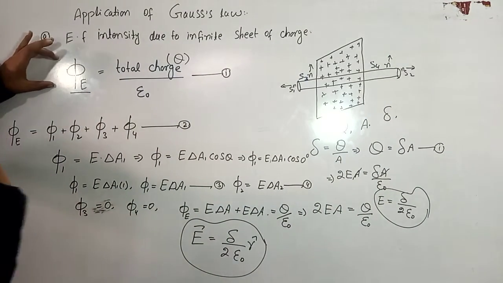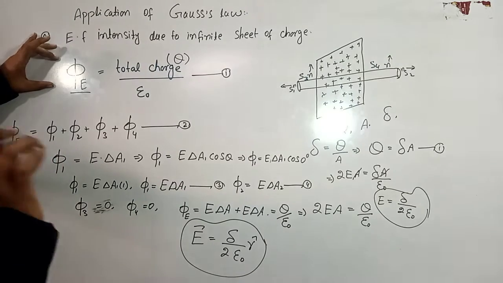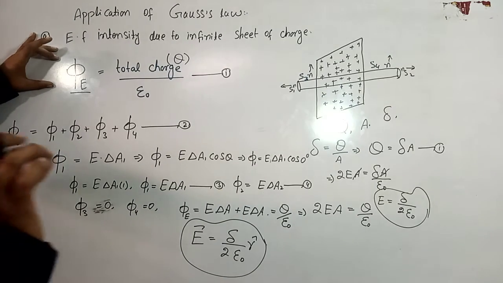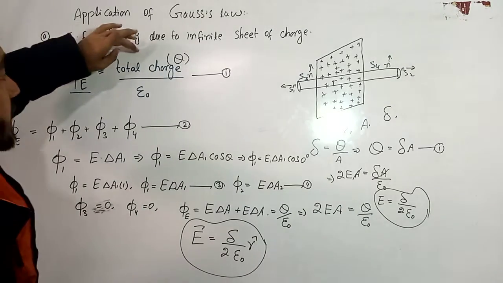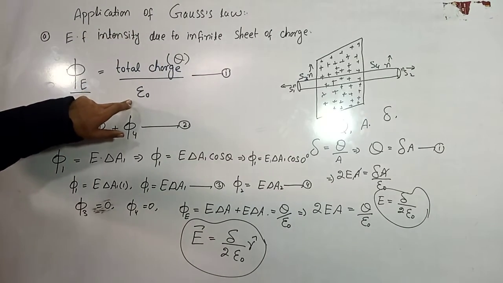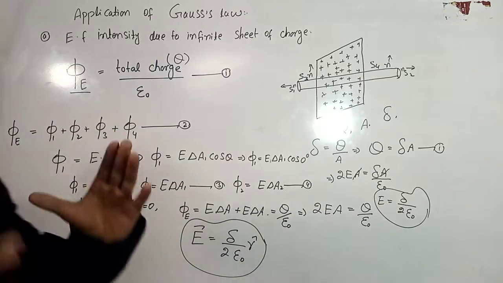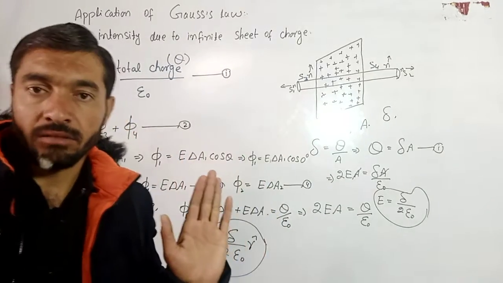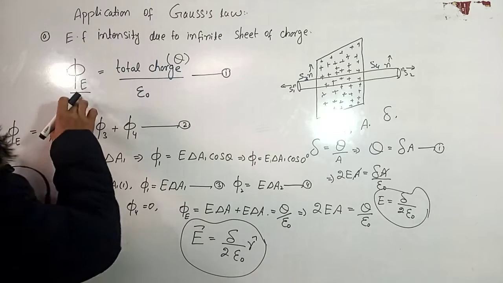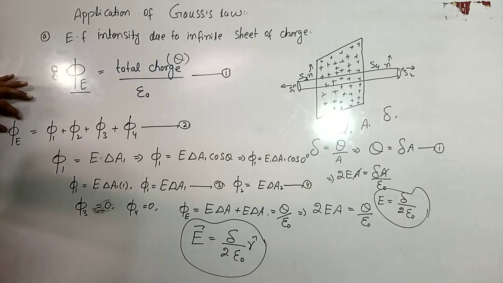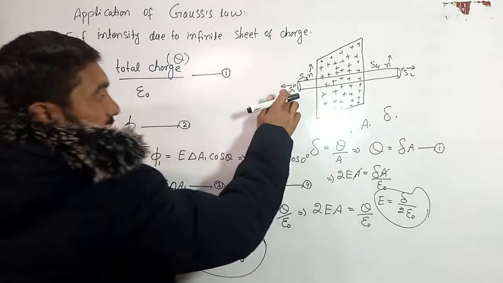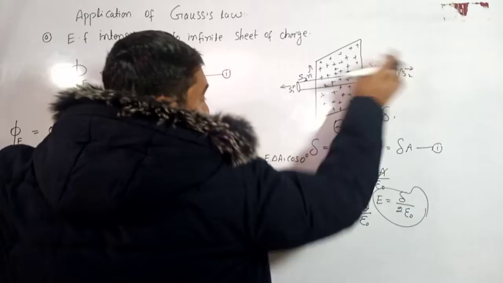And according to Gauss law, how do we calculate the electric field? Total flux is equal to total charge divided by epsilon naught. Epsilon naught is the medium between or among charges. We will take only the left side of equation number one. Total flux phi E is equal to flux of this area, this area, this area, and this area.